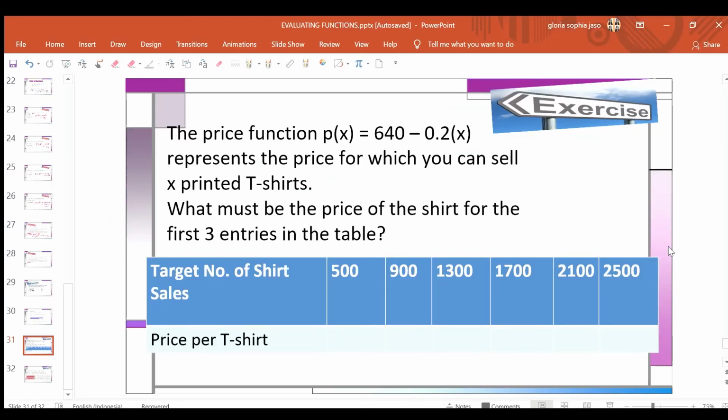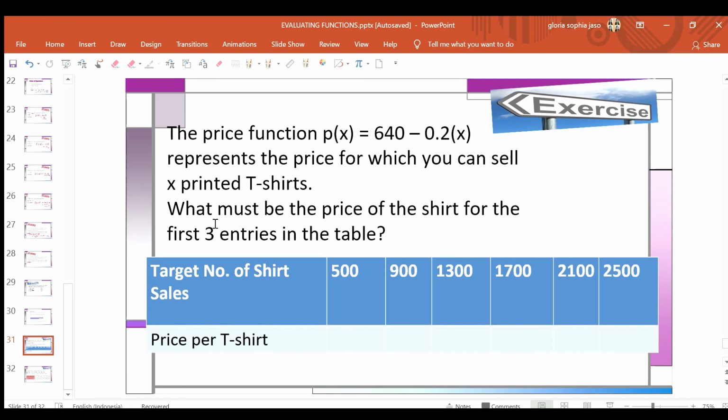So, now naman class, i-apply natin sa pag-solve ng problem yung natutunan natin sa evaluating ng functions. So, itong equation daw na to class is minomodel niya yung price per t-shirt. So, the price function p of x equals 640 minus 0.2 times x represents the price for which you can sell x printed t-shirts.